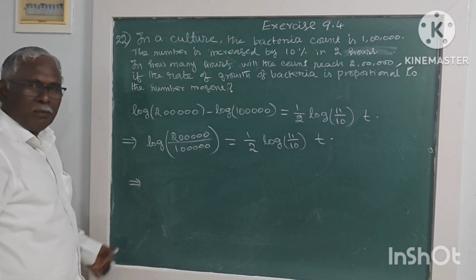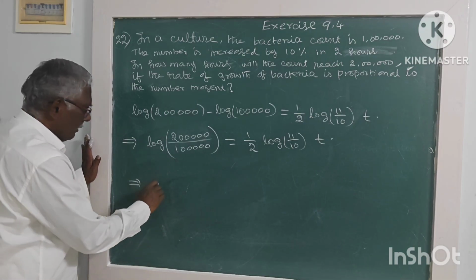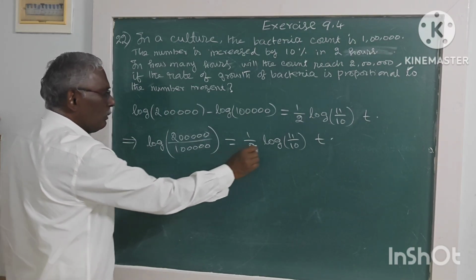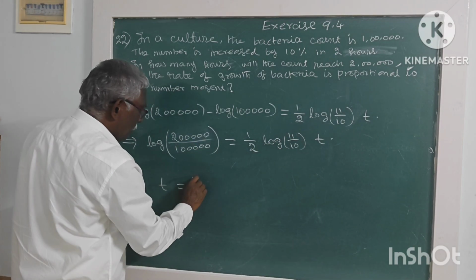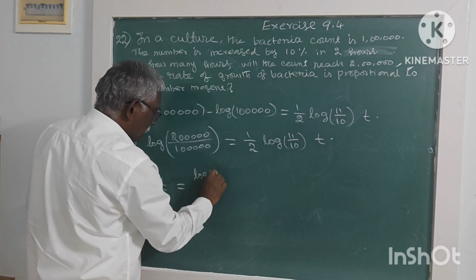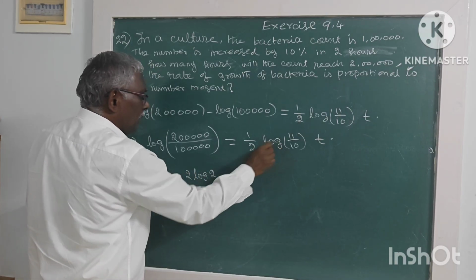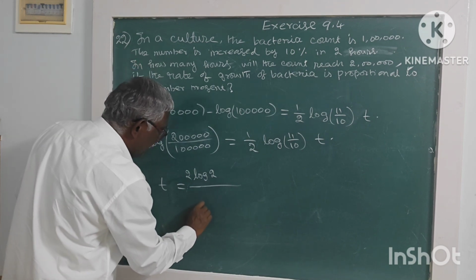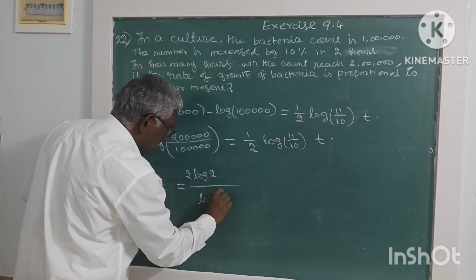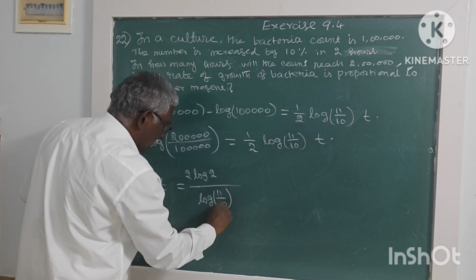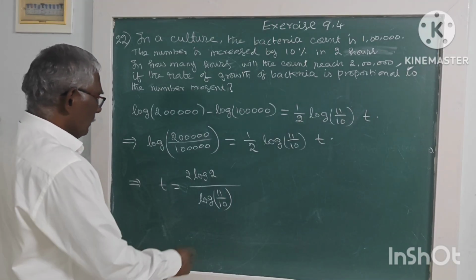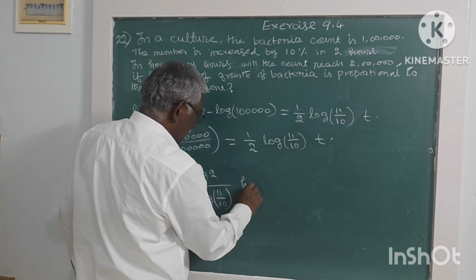So this will become simply log 2. Therefore t is equal to log 2, this 2 will go to the numerator and that will come to the denominator. So this many hours.